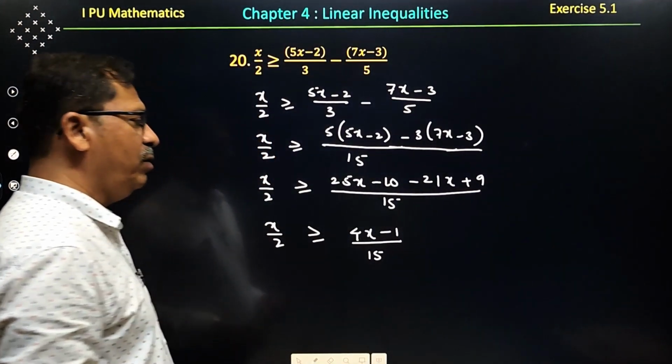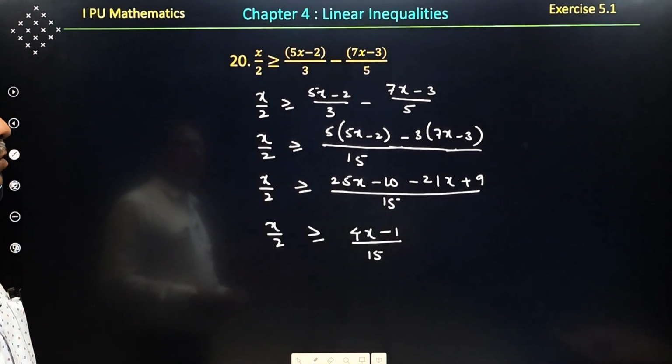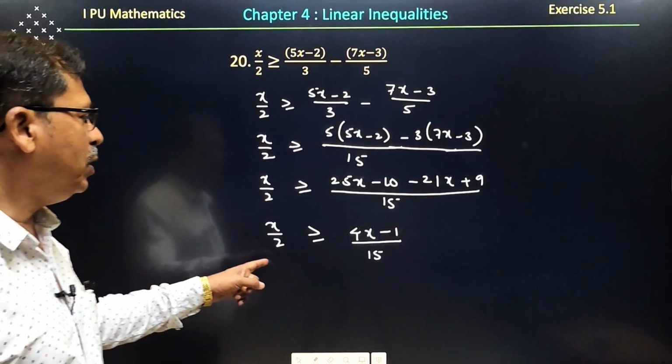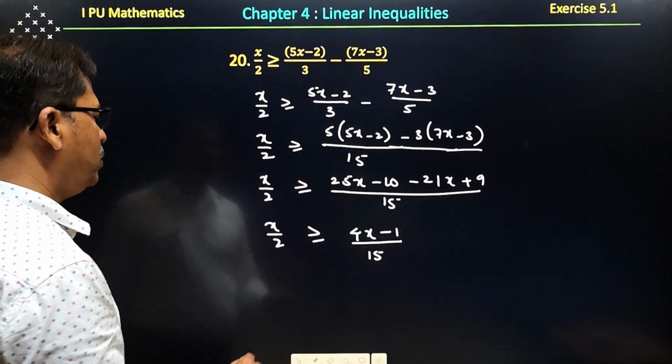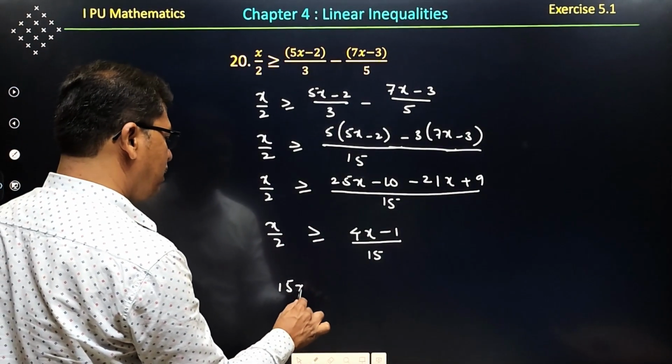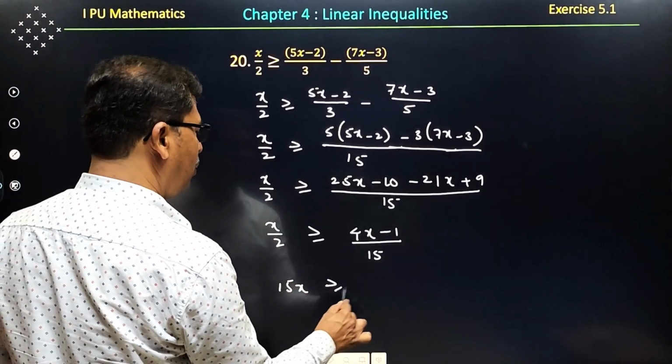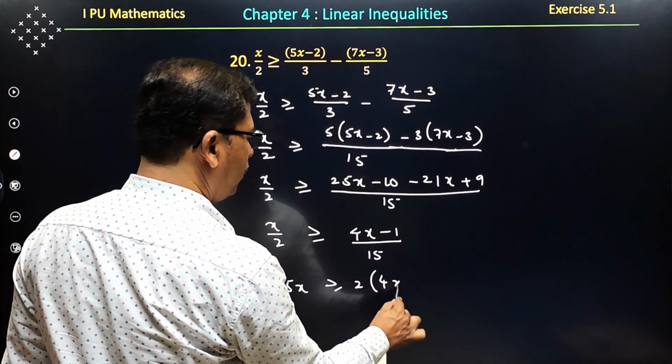Okay. Now x by 2, this 15 I would like to take to this side, and the 2 to that side here. So 15x is greater than or equal to 2 into bracket 4x minus 1.